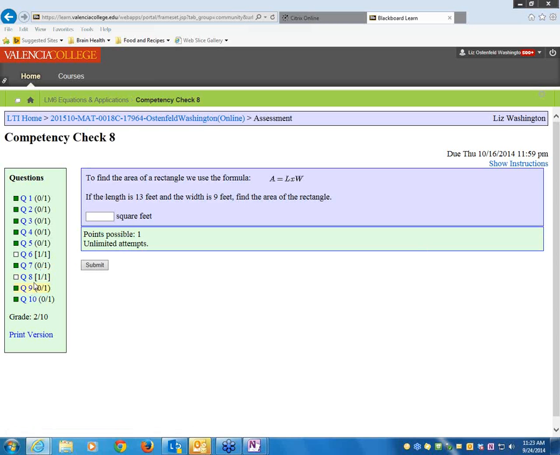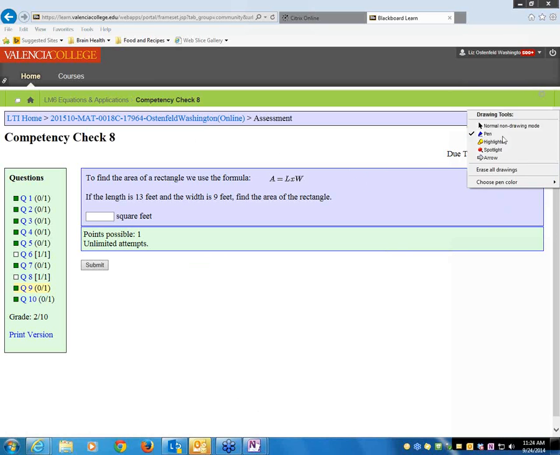This time, we're going to find the area of a rectangle using this formula. It's telling me that the length is 13 and the width is 9. So the length is L and the width is W. So I'm going to do basically 13 times 9. Okay? Let's see if my pen will work for me. Nope. I still have to use the other one.